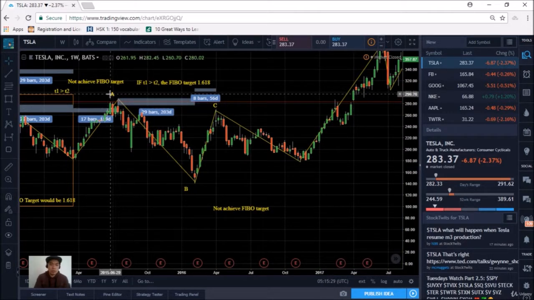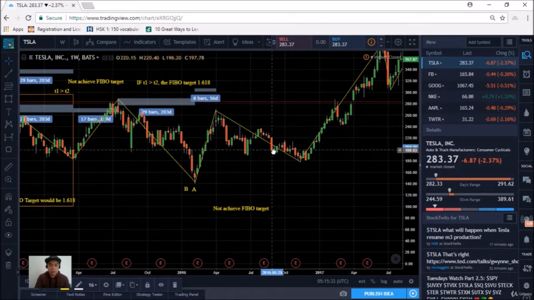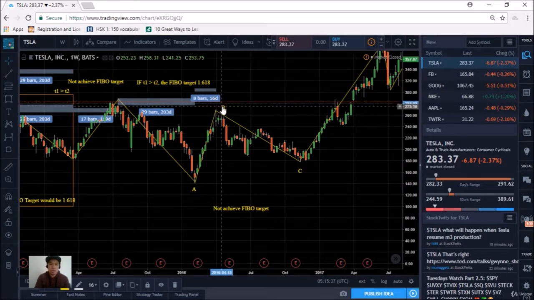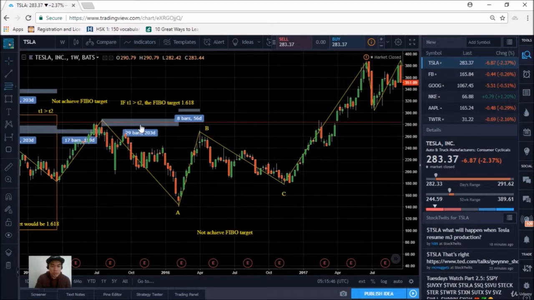Now what you can do is this one is A. Next you measure the target up. So now what we are doing is actually trying to define the market trend. So you do A, B, C, the same process.